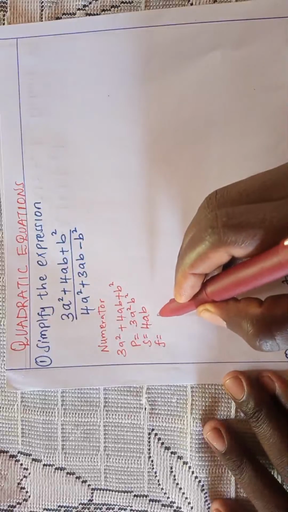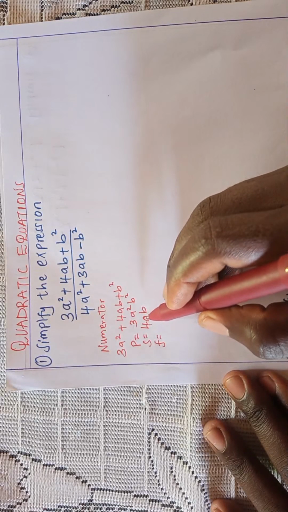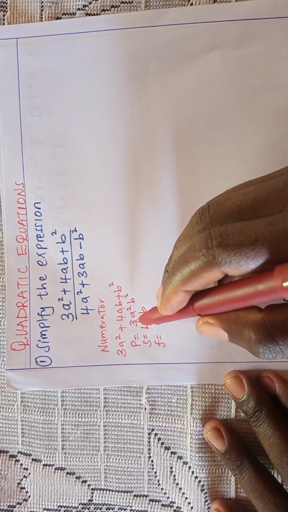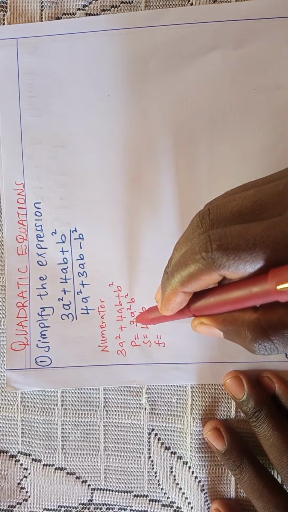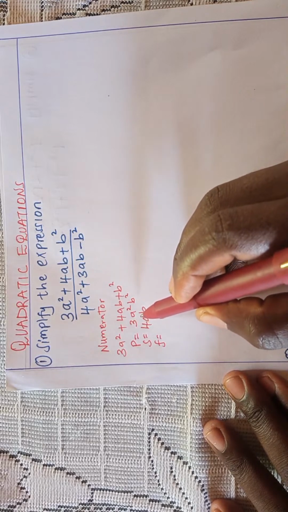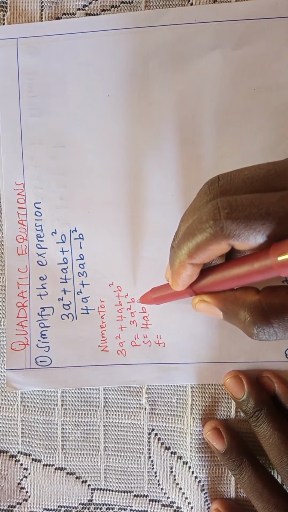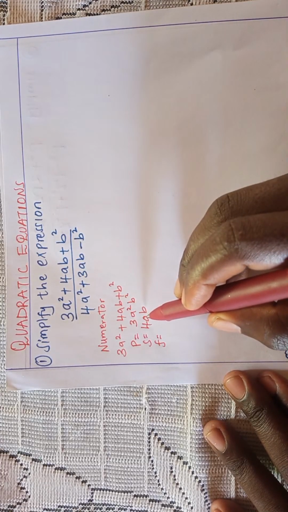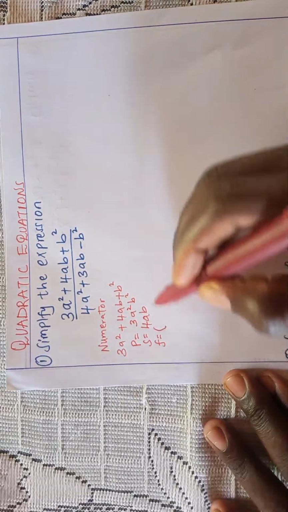To work out the factors, we ask ourselves a question. The product of those two factors must give us 3a squared b squared, and the sum should be 4ab. What are the factors?